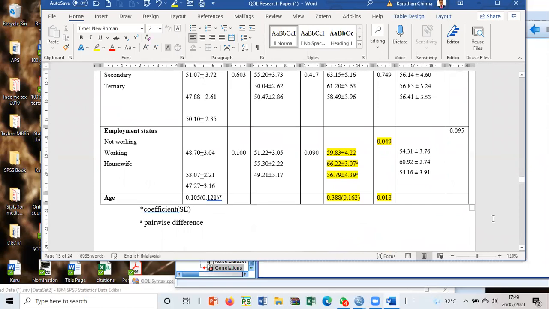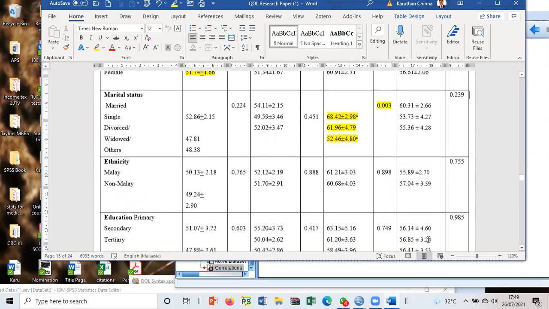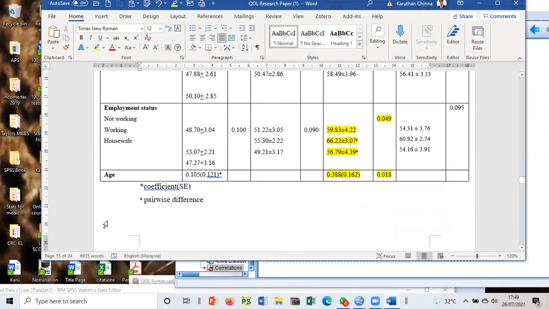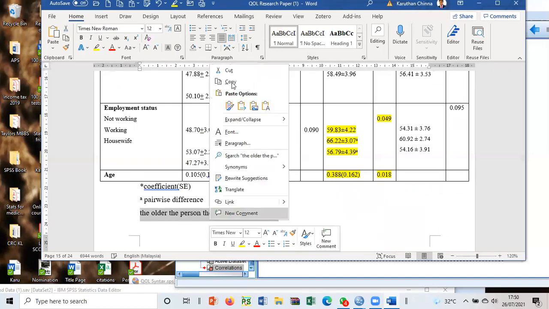As I say, below every table, just write something about the significant difference. For example, the older the person, the higher the social domain score. So take this to your discussion.